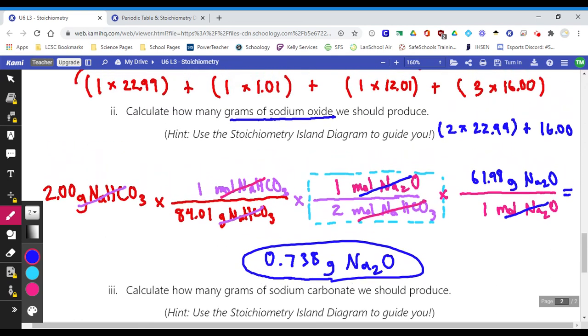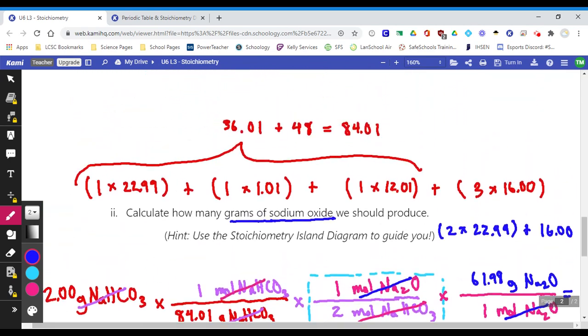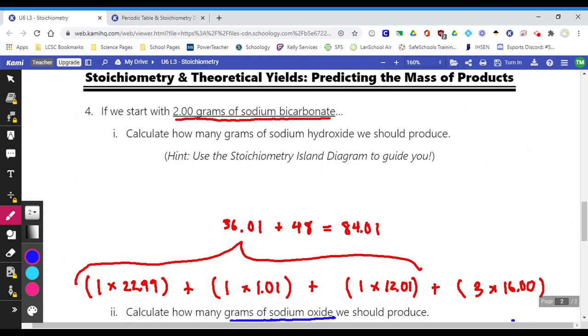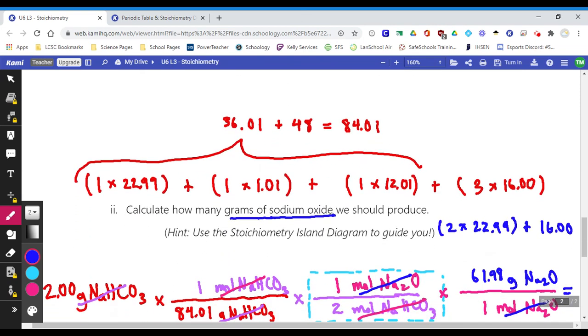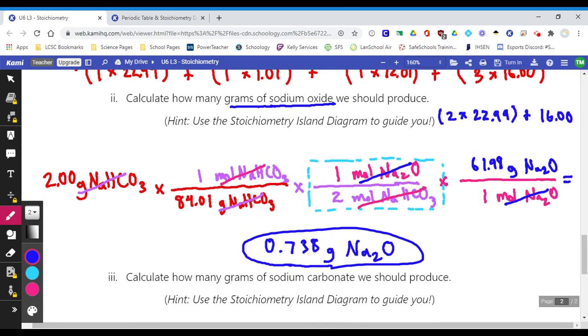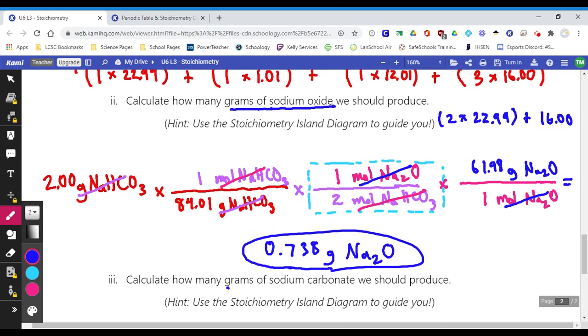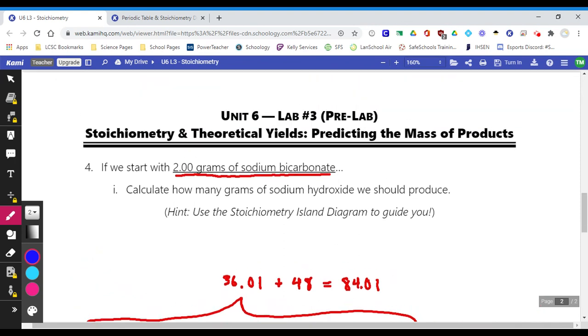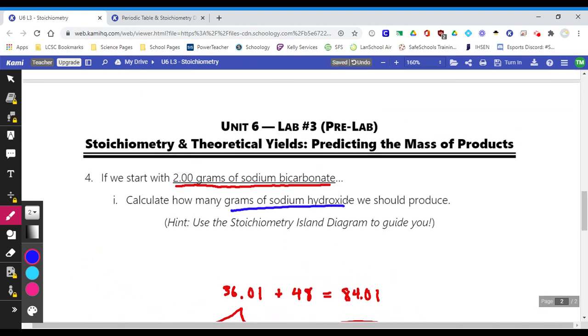Okay, so hopefully that has been helpful. The other two are going to be similar to this, and we're starting the same way. We're still going to start at grams of sodium bicarbonate, okay, specifically 2.00 grams of it. And then we're just figuring out something else, either grams of sodium carbonate or grams of sodium hydroxide.